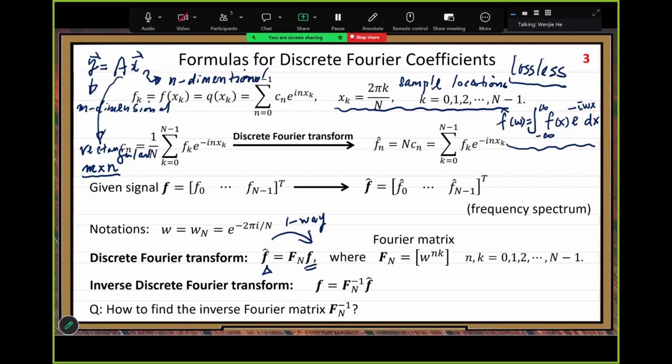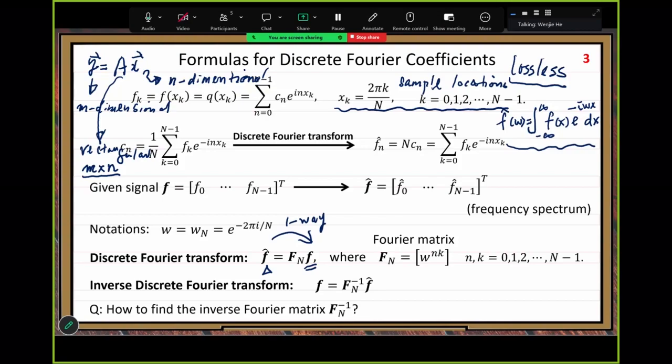It's a one-way street. You cannot recover your original data because the inverse matrix does not exist. What does that mean?